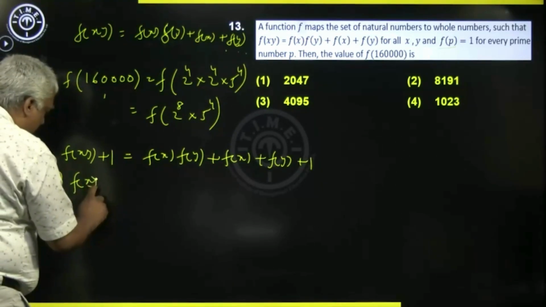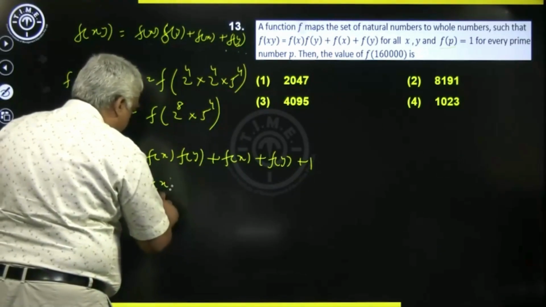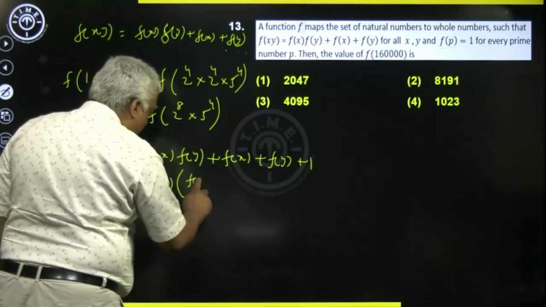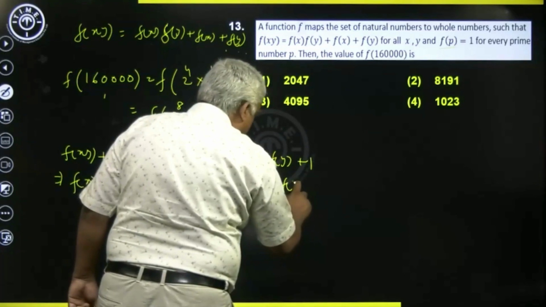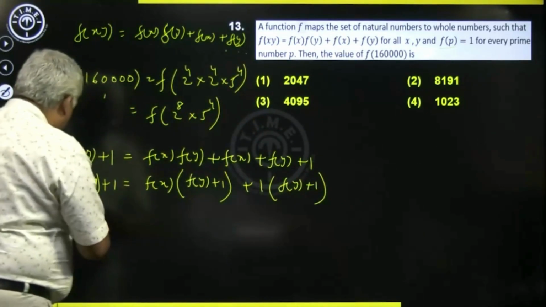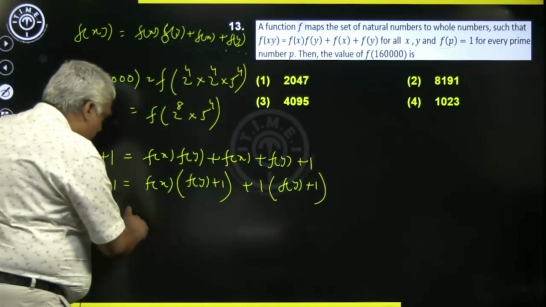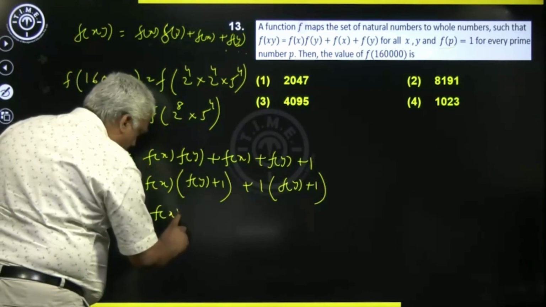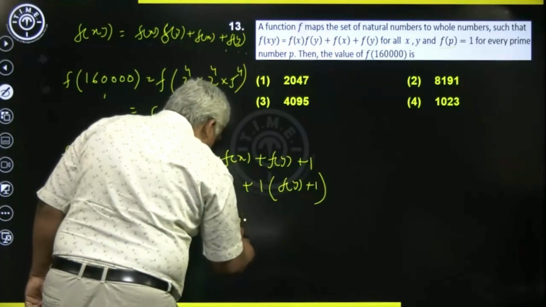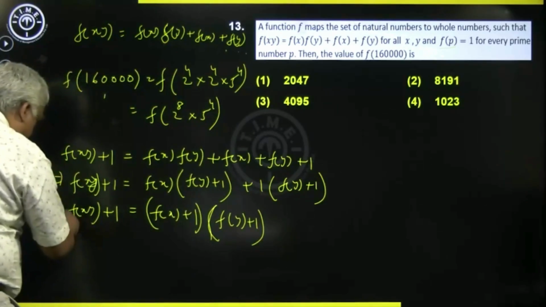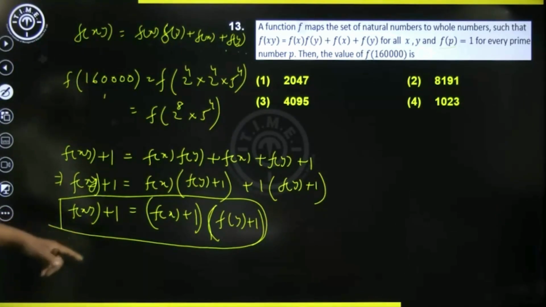I can take f(x) common, so here I get f(y) plus 1, and 1 common, f(y) plus 1. So, I can say f(xy) plus 1 will be f(x) plus 1 into f(y) plus 1.